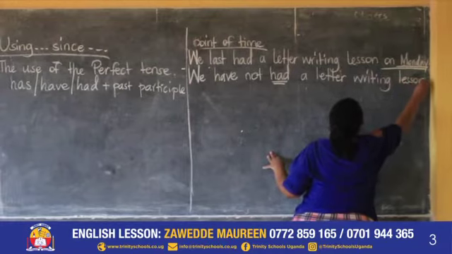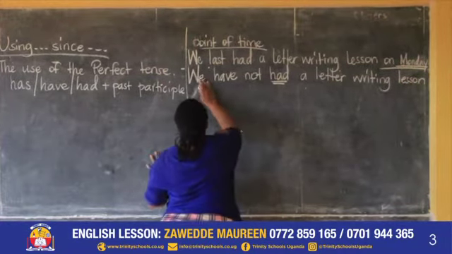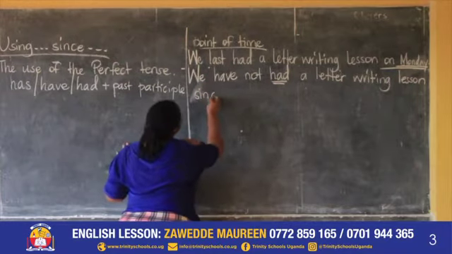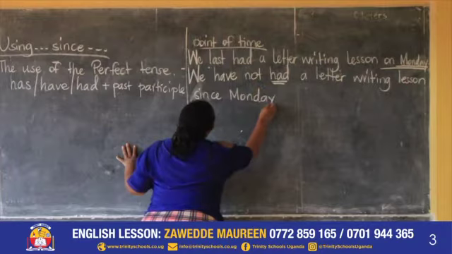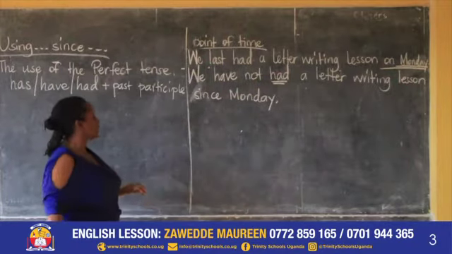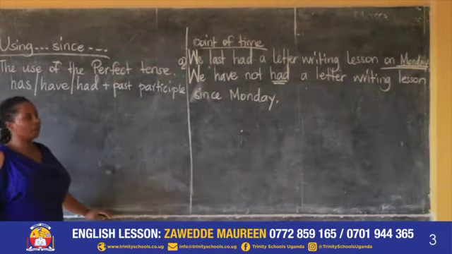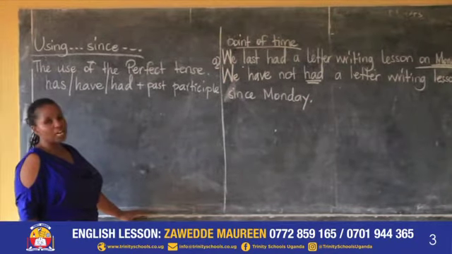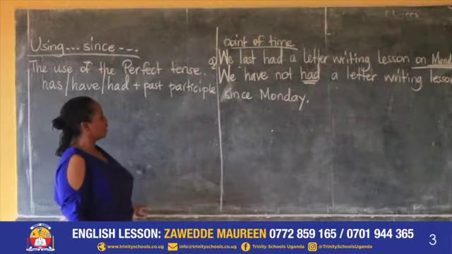We have not had a letter writing lesson since. We have not had a letter writing lesson since. That is example A. We have not had a letter writing lesson since Monday.